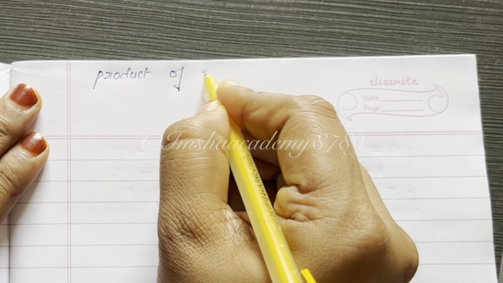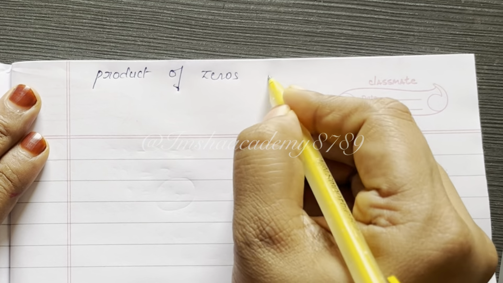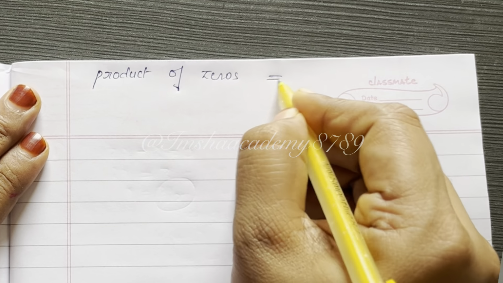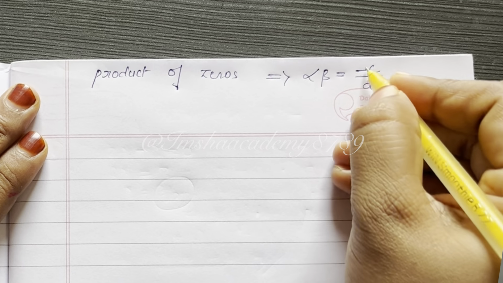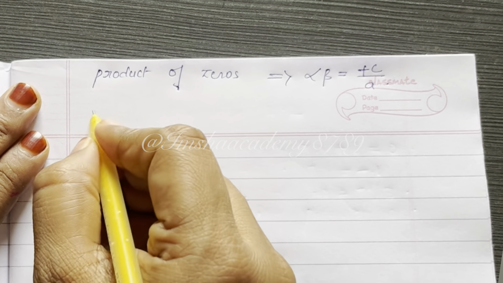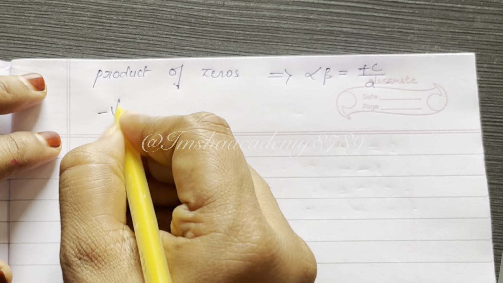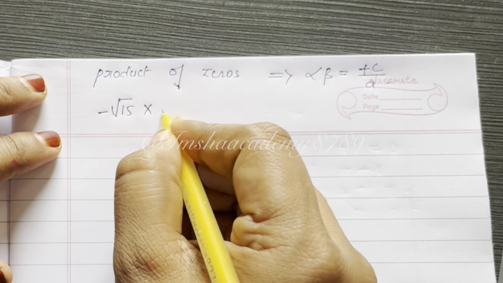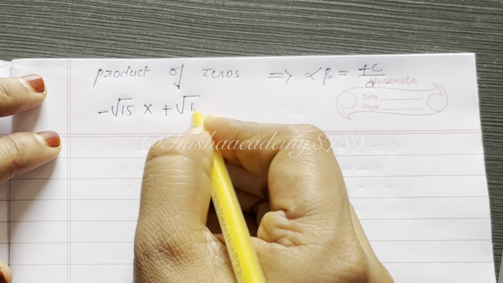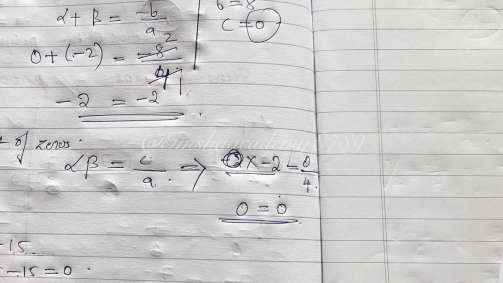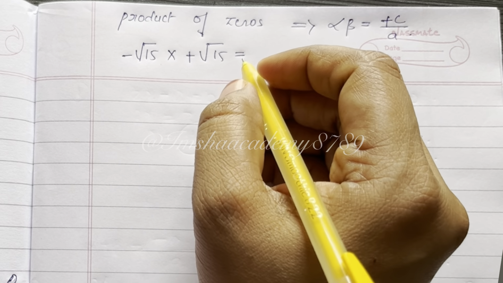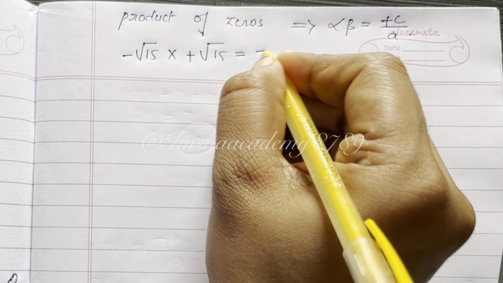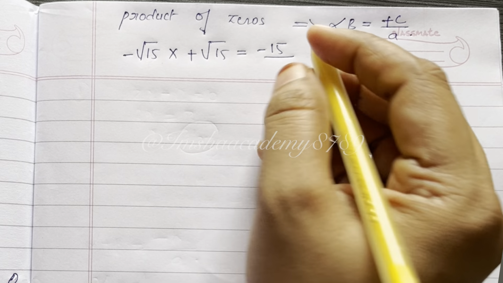Product of zeros, that is alpha into beta, is equal to c by a. So alpha is minus root 15 into plus root 15 is equal to c by a. The c value is minus 15, and a value is 1.